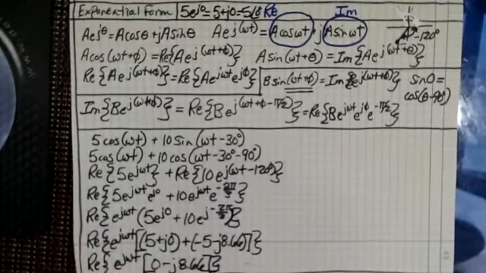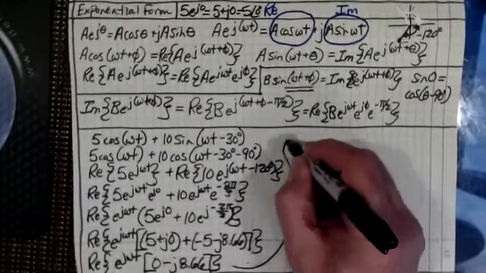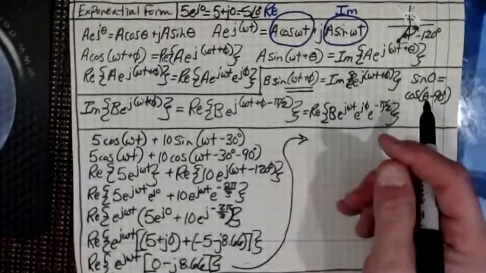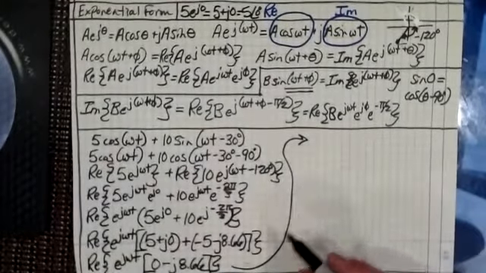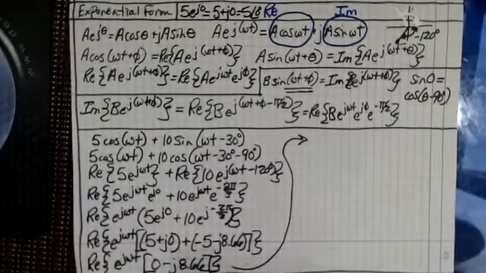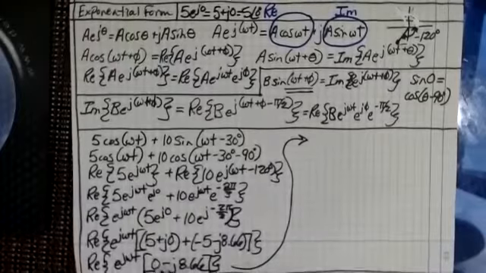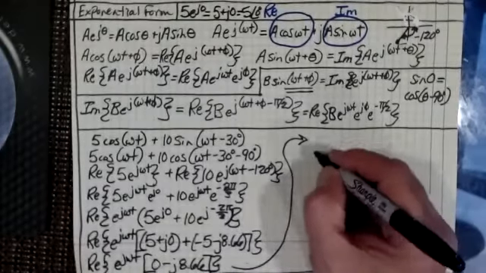Okay. Now, let's take this and bring it back up here. We're almost done with this. Now let's break this back out again. What would that be? 8.66, and it's in the negative j direction. So it'd be 8.66 at either positive 270 degrees or negative 90 degrees. I'll use 270. It doesn't bother me.